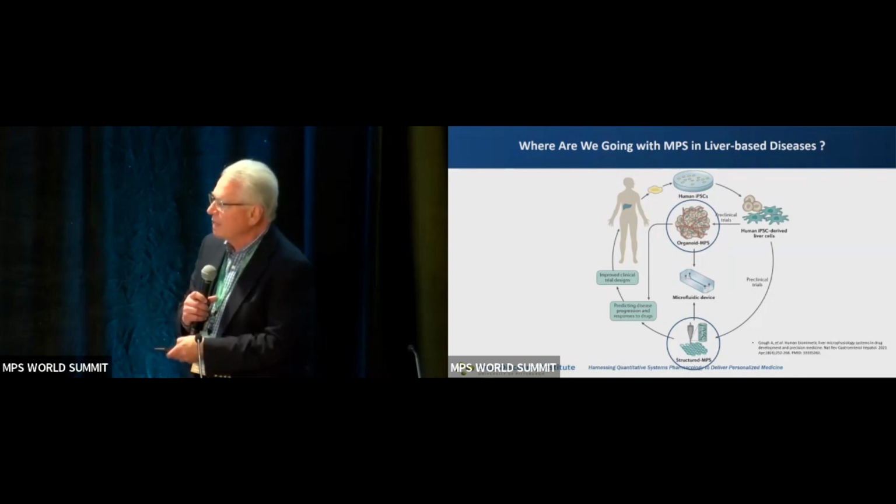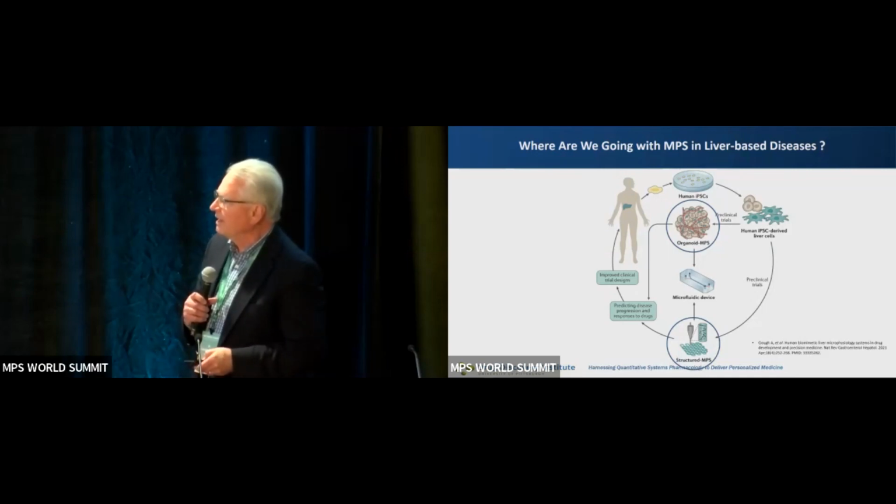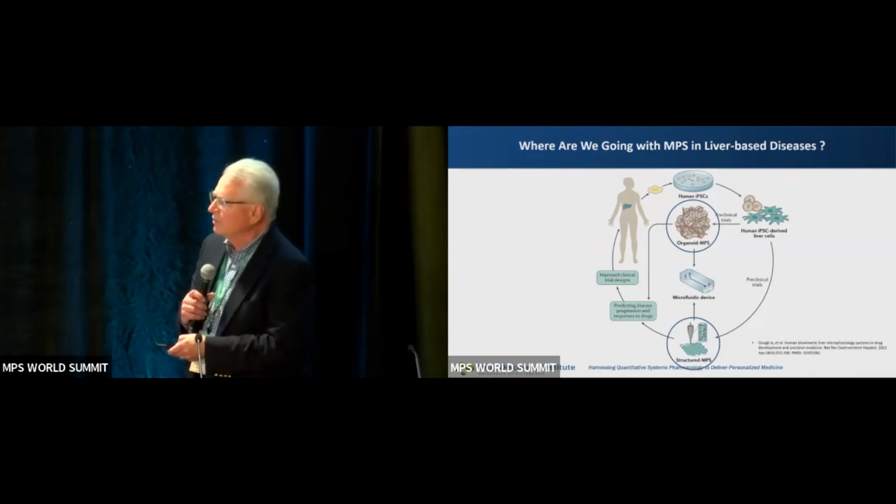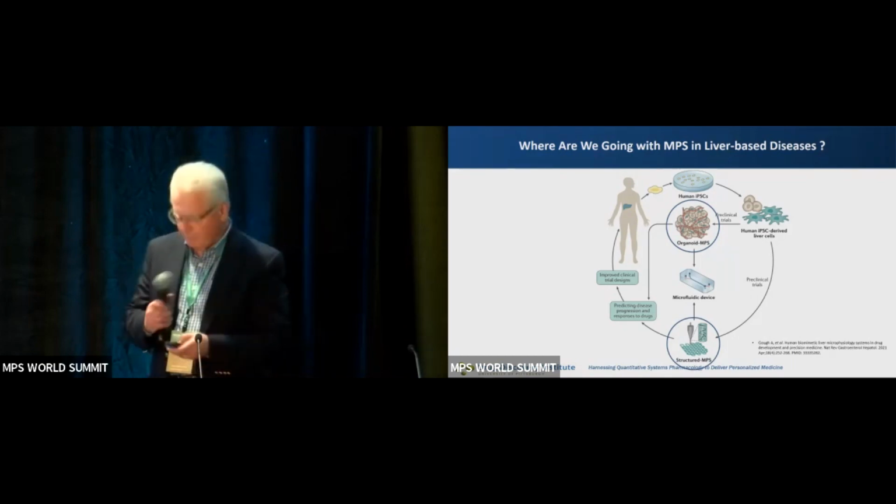Either one of these types of models within microfluidic devices can then be used for predicting disease progression and response to drugs. And very importantly, it's going to be a tool, many of us believe, for improving clinical trial designs before drugs ever see patients.